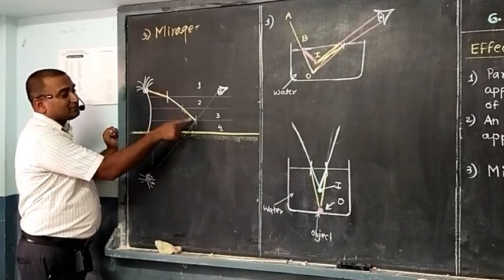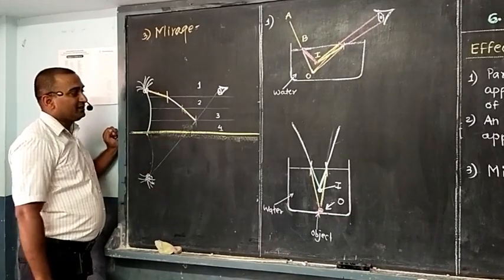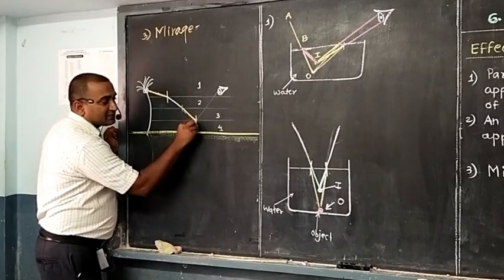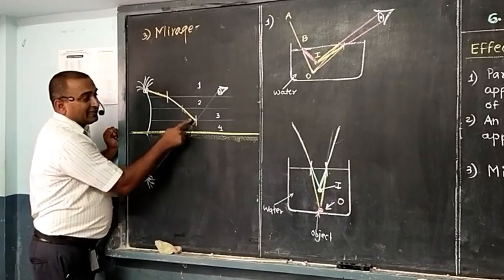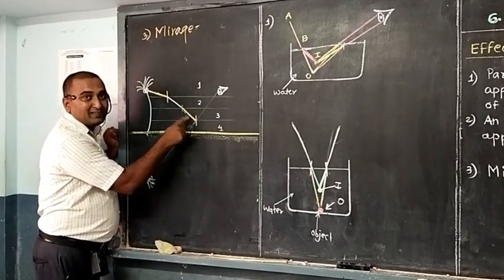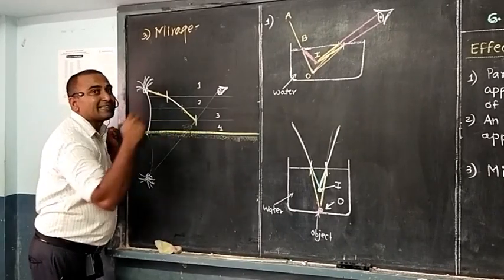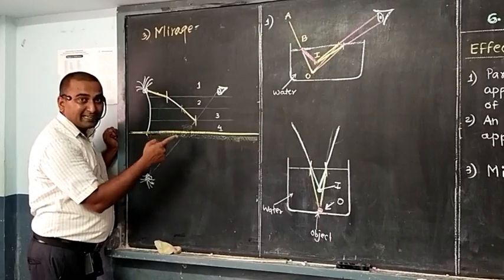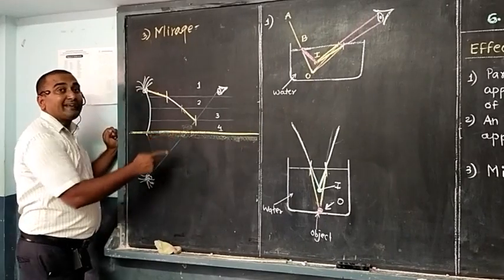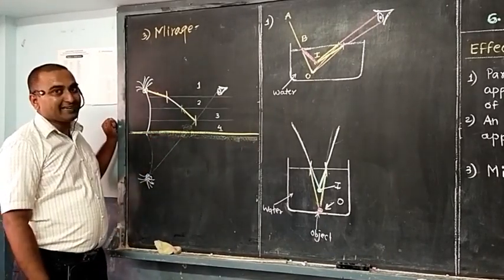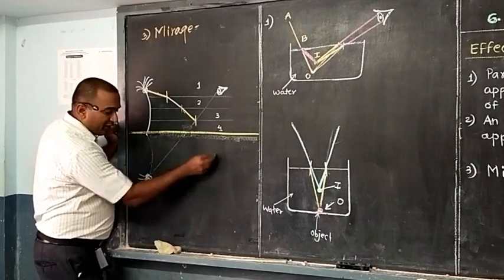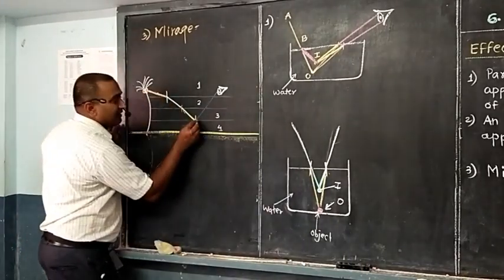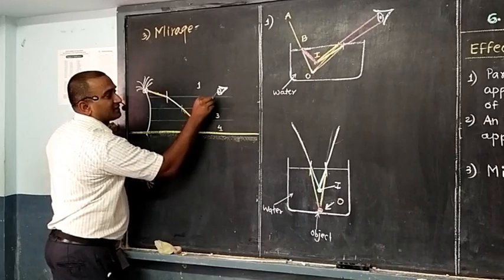In the last phase the incidence angle is a little more than the critical angle, so total internal reflection occurs, and without bending down, this ray will travel straight to the observer.